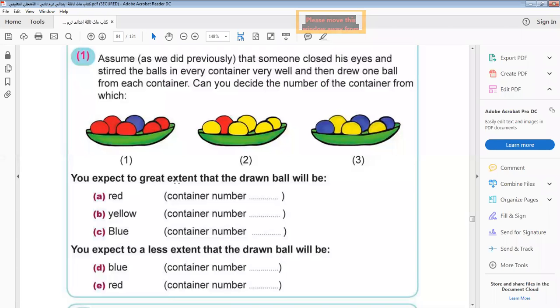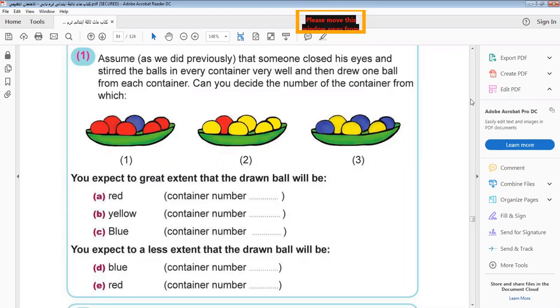I mean, which one of these can be red, the one with the highest probability of red? Of course the one which has the greatest number of red balls, which is 1, 2 or 3.